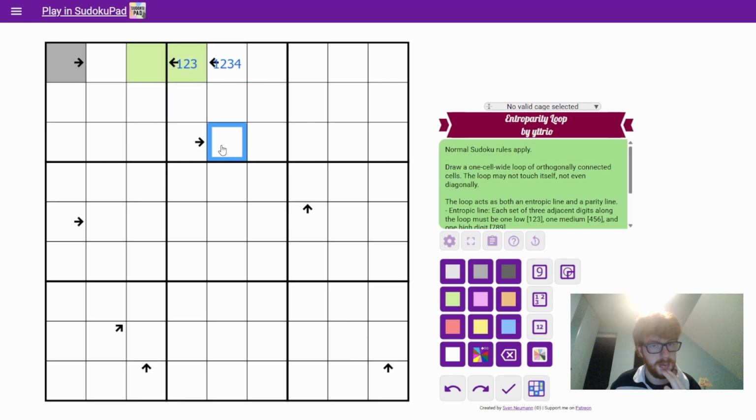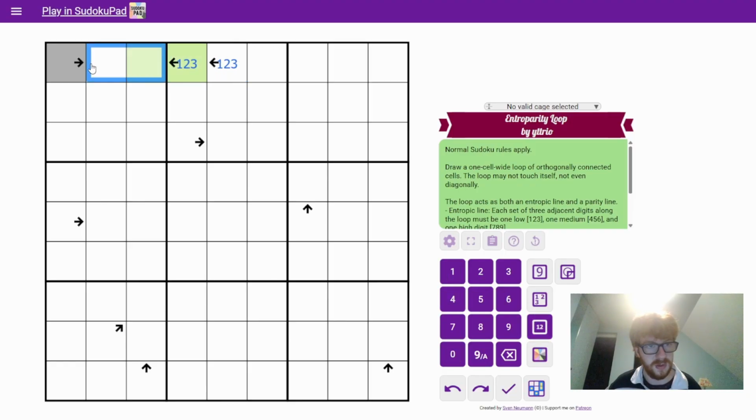Okay. This sees 5. I'm not going to label 1 through 5. That could then not be part of the loop because it cannot see 4 cells. Okay, that makes sense.